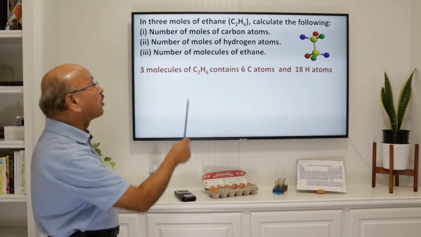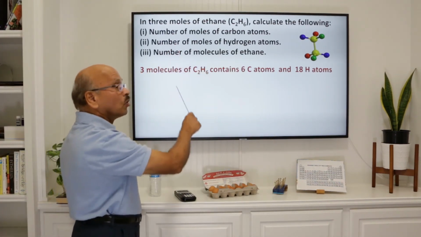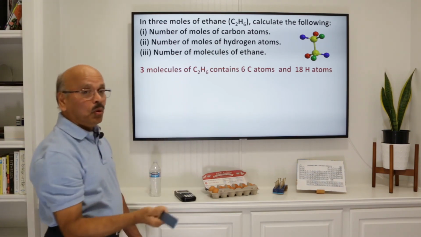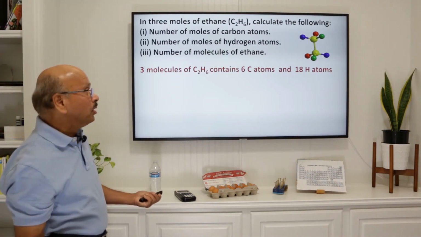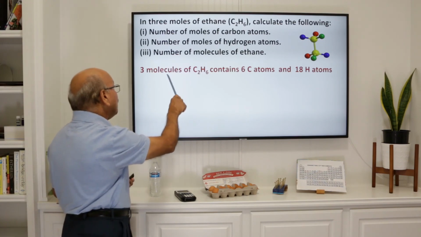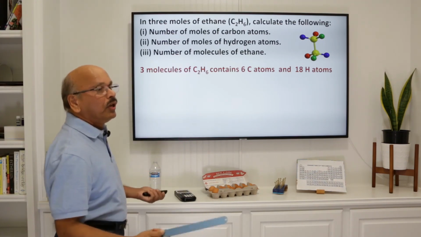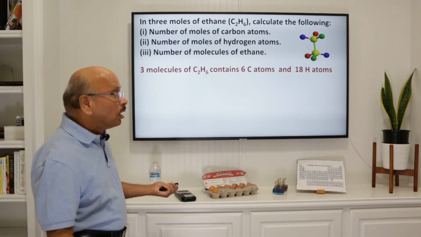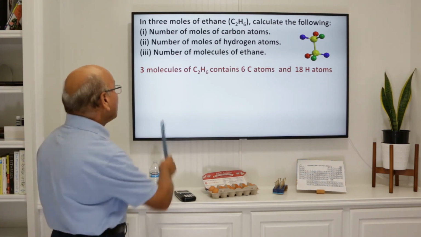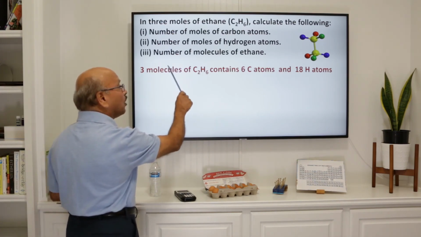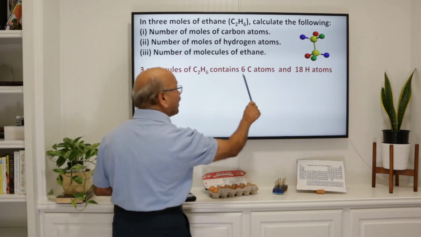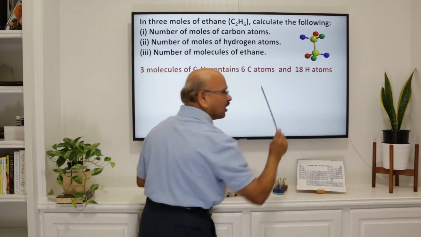Now, how can we go from here to the 3 moles? Remember, the molecules and the moles, the connection is Avogadro number. So if you multiply the 3 molecules with the Avogadro number, you're going to get what? 3 moles. So if you multiply this with Avogadro number, you have to multiply this also with Avogadro number and this also with Avogadro number.